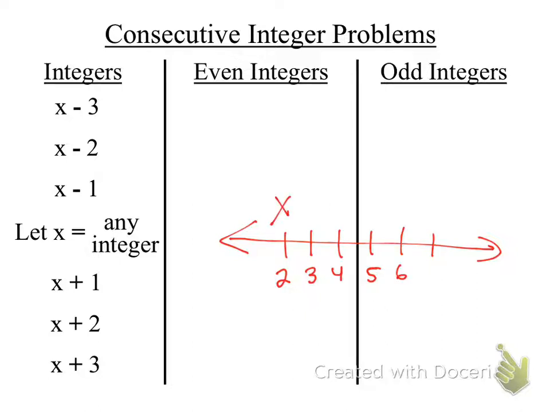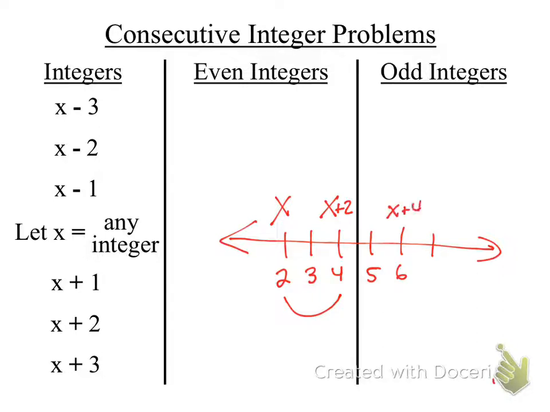If this was x, what would I do to get to the next even? Add 2. So it's x plus 2. What would I call the next even integer?